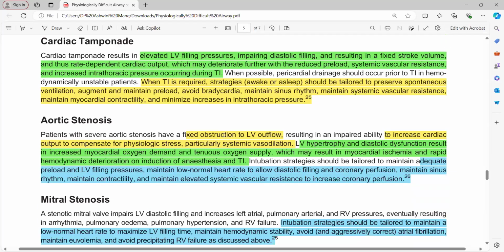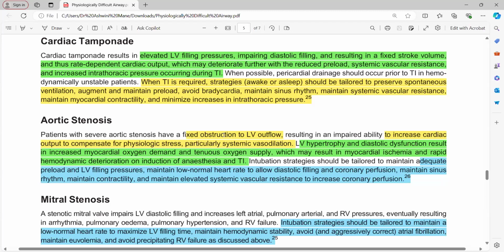Now, the next condition that is associated with the physiologically difficult airway is aortic stenosis. Patients with severe aortic stenosis have a fixed obstruction to the LV outflow, resulting in the impaired ability to increase the cardiac output to compensate for physiological stress, particularly systemic vasodilation.